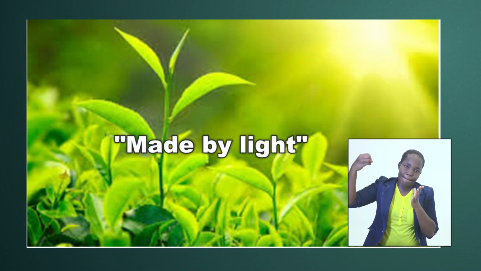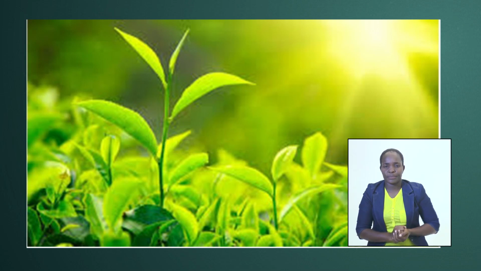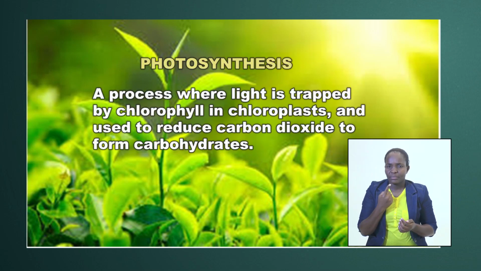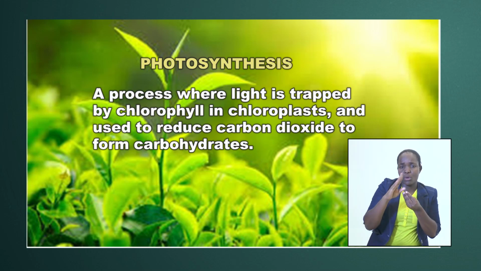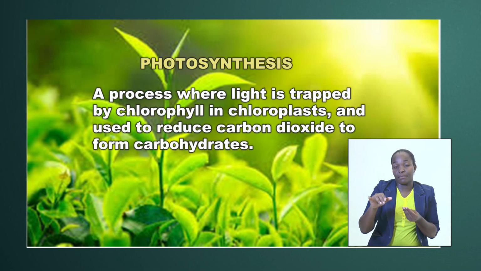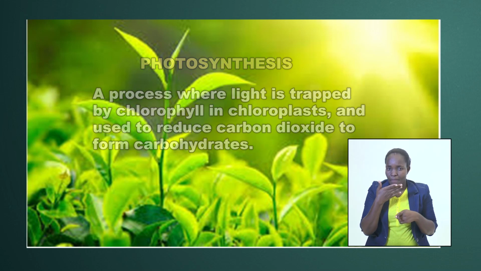This occurs in the internal structure of the leaf. We can explain photosynthesis as a process where sunlight is trapped by chlorophyll, which is in the leaf's chloroplast. Plants also use carbon dioxide from the air and produce glucose, which is a carbohydrate.